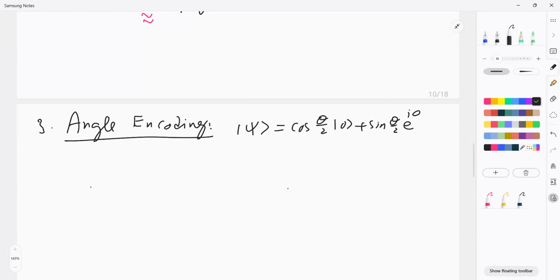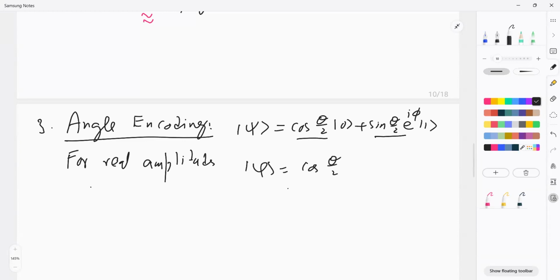Assume that you know this from basic quantum computing. So you see, there is this angle theta, and if we take these amplitudes to be real, then for real amplitudes, this state can be written as cosine theta by 2 |0> plus sine theta by 2 |1>.